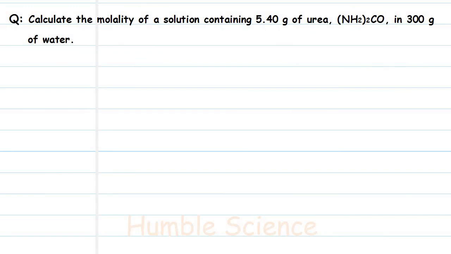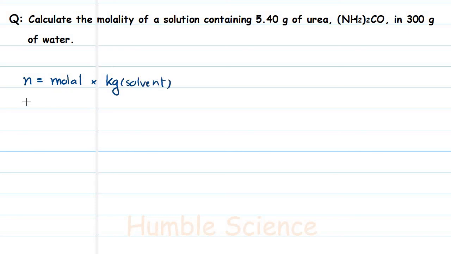For this next question, it asks, calculate the molality of a solution containing 5.4 grams of urea in 300 grams of water. So this time it is the second case, which is molal. We also know that n, which is mole, is equal to molal times kilograms of solvent.